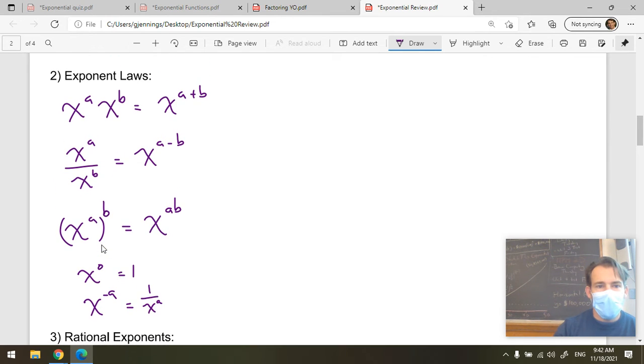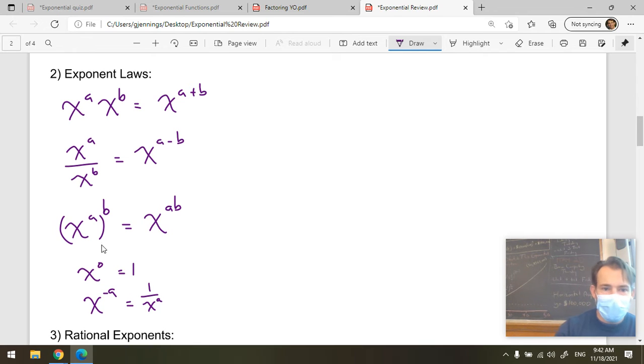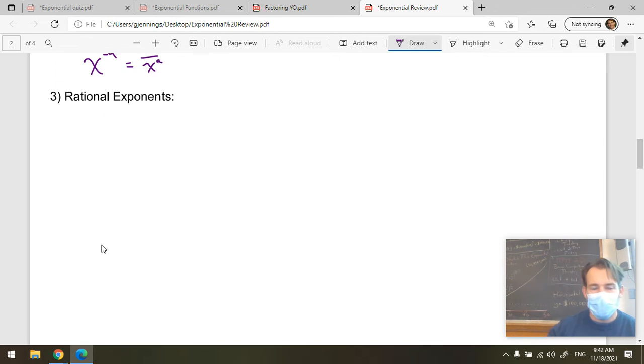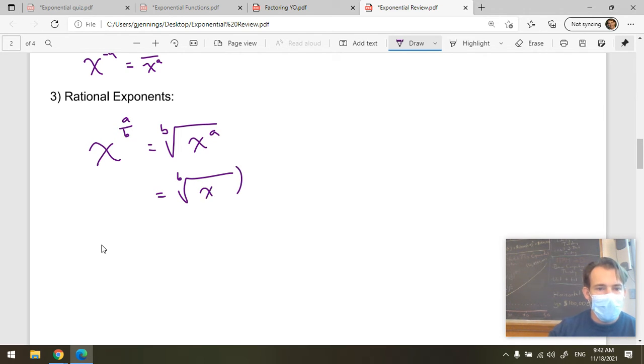And then another law that I have here for exponent laws is rational exponents. X to the a over b is equal to the b root of x raised to the power a. You could also write it as the b root of x all raised to the power a.